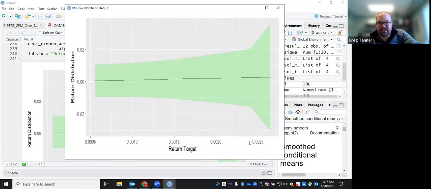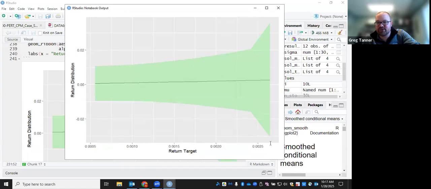So here across the x-axis, I'm still varying my target return. And you'll notice that as I change that, the expected value increases here. But then the standard deviation is that green ribbon around it. And what we notice is that no matter where I'm at along here, this return distribution goes quite a ways positive to quite a ways negative.